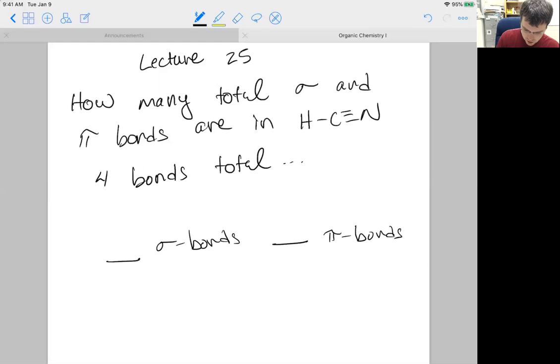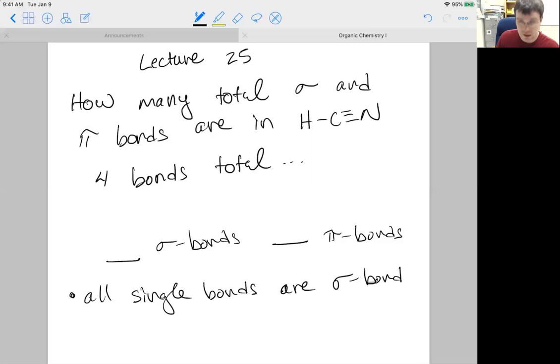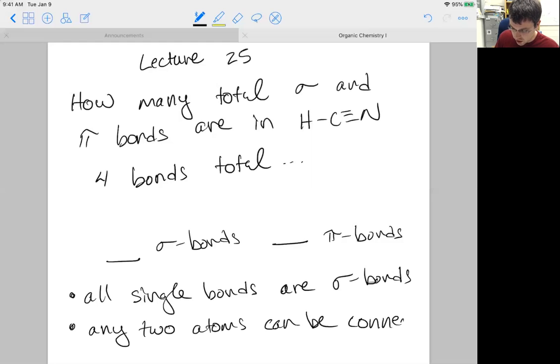So, a few things to note. All single bonds are sigma bonds. I like the alliteration to it. Anyway, all single bonds are sigma bonds, and any 2 atoms can be connected by only 1 sigma bond.